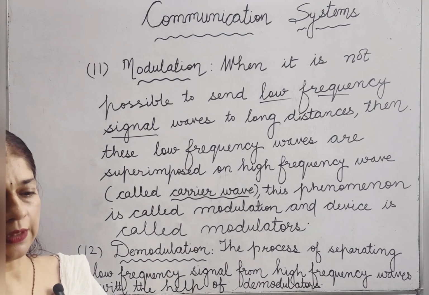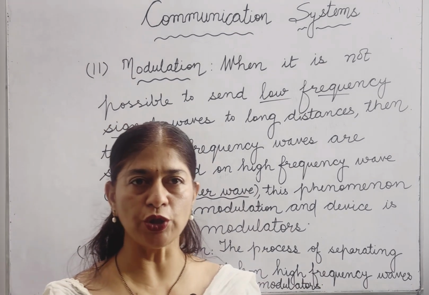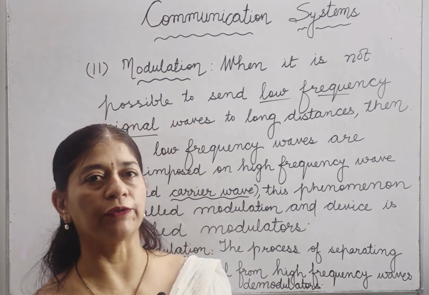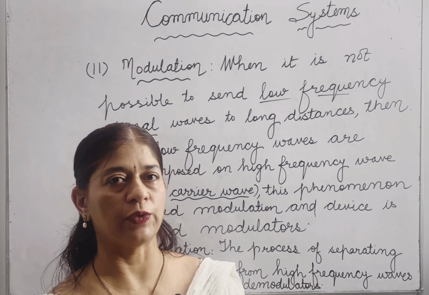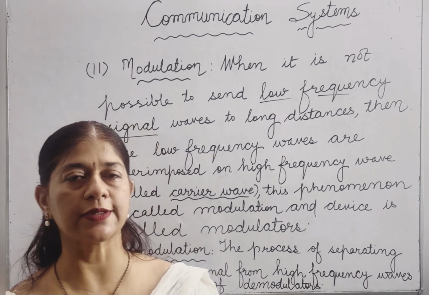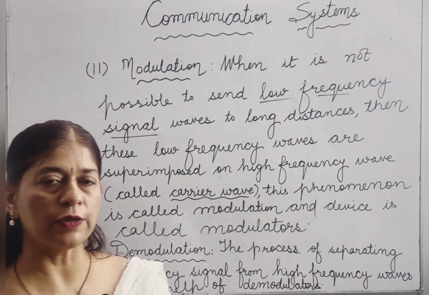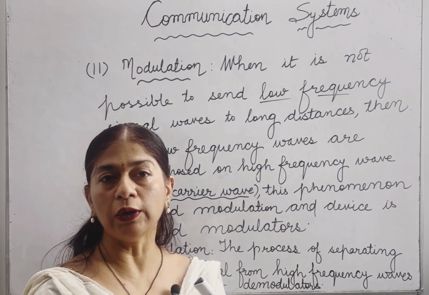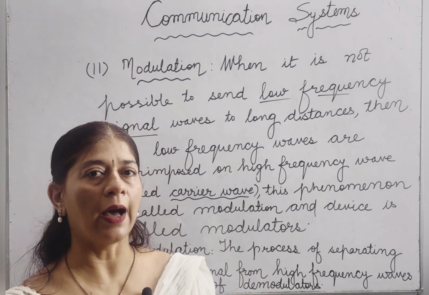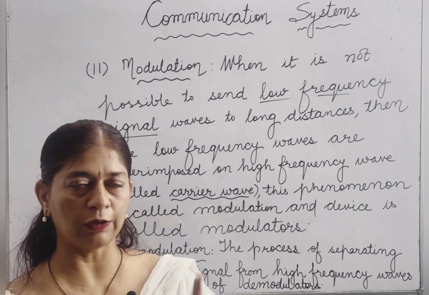Now the next term is modulation. Modulation is a phenomenon in which a low frequency signal wave is superimposed on a high frequency wave. A low frequency wave has less energy. It can't be sent a long distance, and a high frequency wave can cover that long distance.